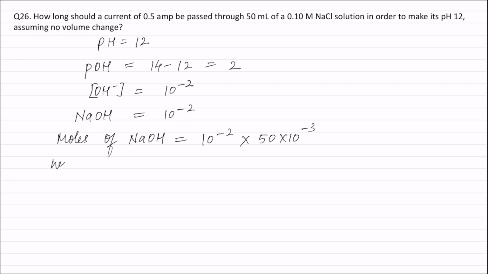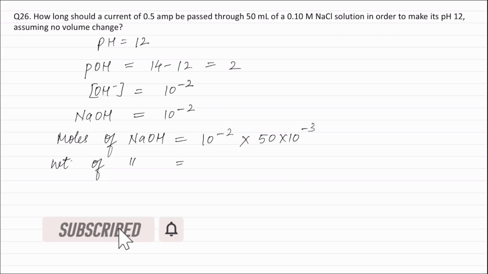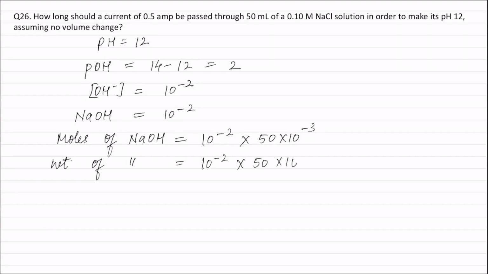From this, weight of NaOH will be equal to moles of NaOH, that is 10 to the power minus 2 into 50 into 10 to the power minus 3 into molecular weight of NaOH, that is 40, and this is equal to 2 into 10 to the power minus 2.